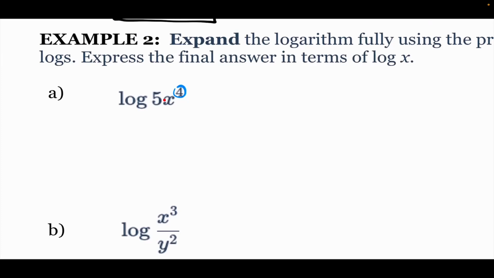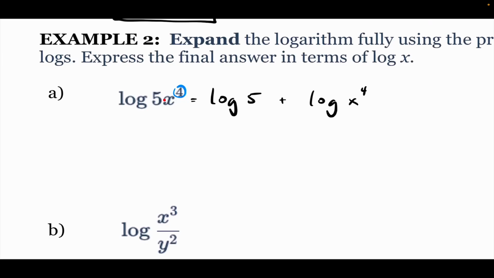So the first thing I'm going to do is I'm going to use the product property to expand them. So instead of 1 log, I'm going to give them 2. So log of 5 plus log of x to the 4th. Because those are the two things that were being multiplied.